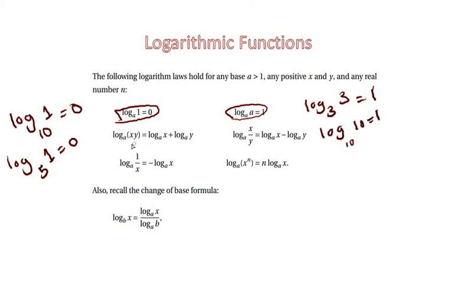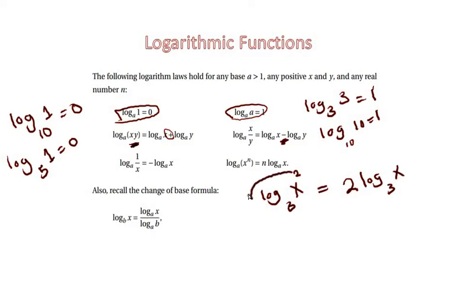Also, when we have multiplication in the log, we can separate it into two logarithms with addition. When we have division, we can separate it with subtraction. Now you need to focus here. Log base 3 of x to the power of 2 is 2 times log base 3 of x.